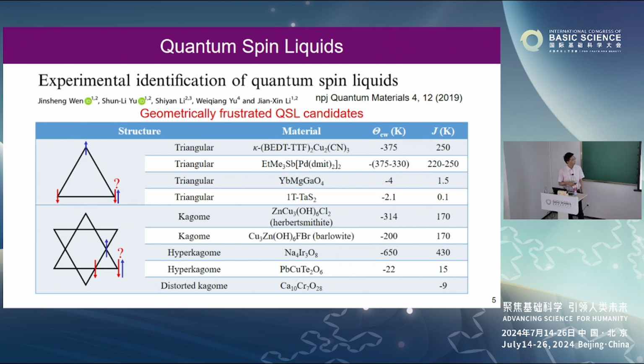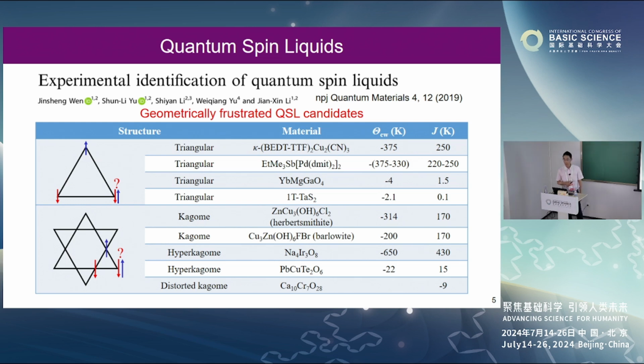A few years ago, I wrote a brief review summarizing the most studied geometrically frustrated quantum spin liquid candidates. And for these materials, they have this or that problem. So unfortunately, up to now, there has been no single material that has been really confirmed to be a real quantum spin liquid.